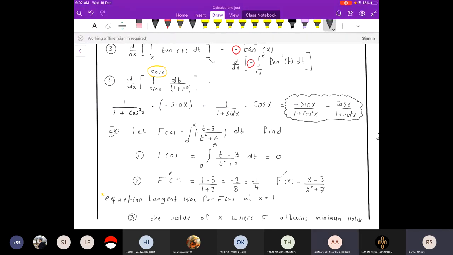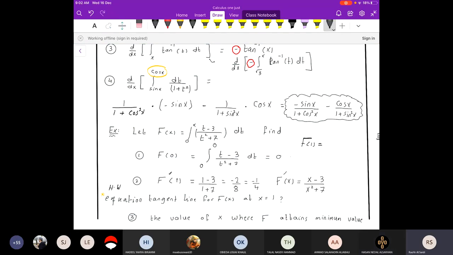Yes, you can. So this is the slope. Now, what is the value of f of 1?